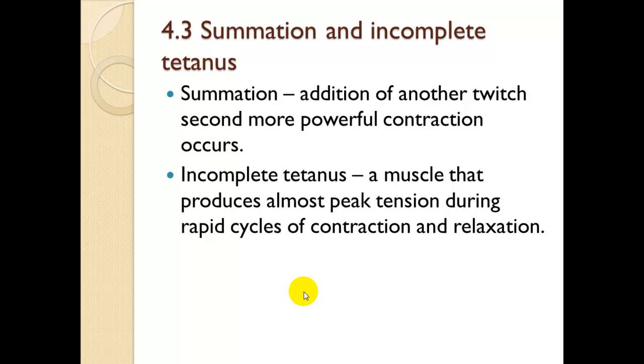Summation and incomplete tetanus. Summation. Addition of another twitch, and a second, more powerful contraction occurs. So if you essentially prime it, the muscle can actually jerk or cause a more powerful contraction. Incomplete tetanus, a muscle that produces almost peak tension during rapid cycles of contraction and relaxation.